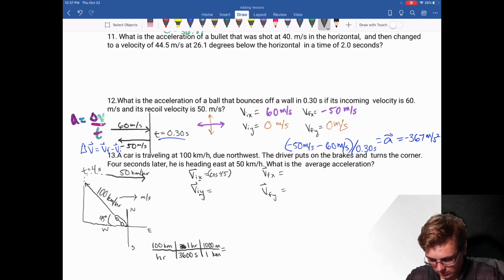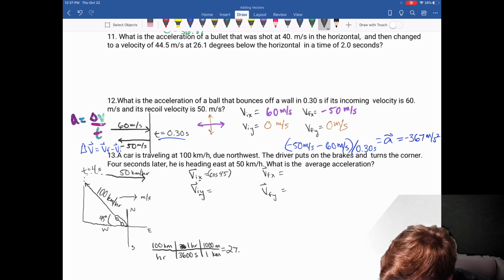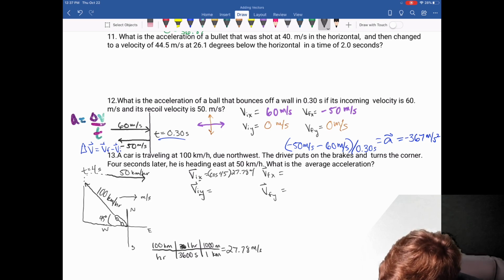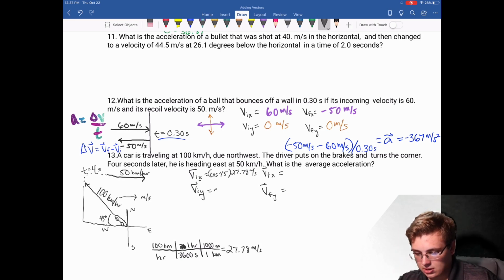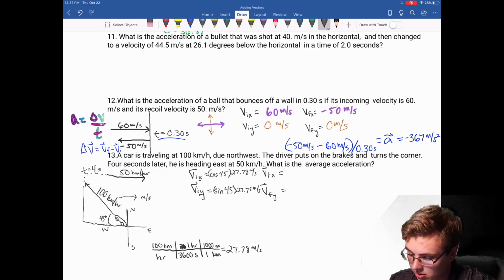We get 27.78 meters per second. For our sine of 45 degrees gives us our y direction. That's how we figure out our y direction as well.